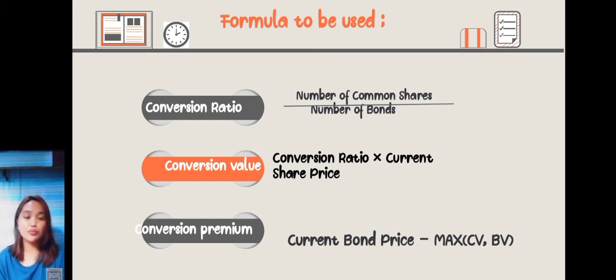So, when can convertible bonds be converted? The transformation of convertible bonds into shares of stock is usually done at the discretion of bondholders. When a company exercises a right to redeem or call a convertible bond, it can force the conversion of convertible bonds to stocks.